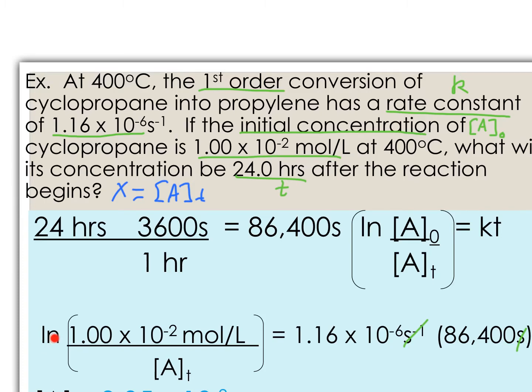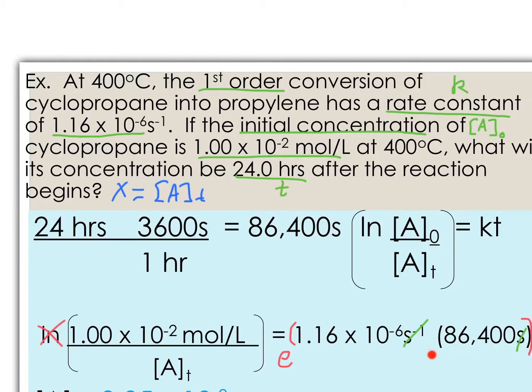Now, where I see a lot of people struggling here is what the heck to do with this ln. So what we have right now is ln times all of this. You know from your math class, I can't do anything to anything that's inside of these parentheses until I get rid of this ln. To get rid of this ln, I put everything on this side, e to the power of. In your calculator, just second of your ln gives you e to the power of. So that's all you have to do to get rid of the ln.